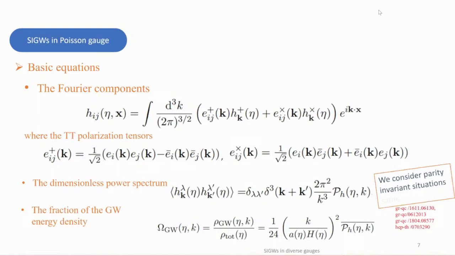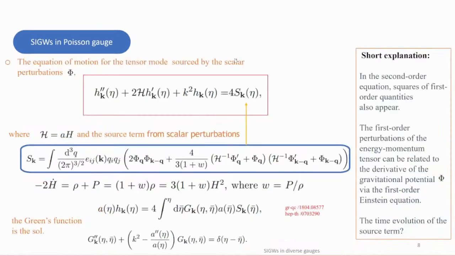Okay. So further, we have to discuss gravitation in Poisson gauge, and here, this is scalar-induced gravitational waves in Poisson gauge. So here we have the equation of motion for the tensor mode sourced by scalar perturbations.